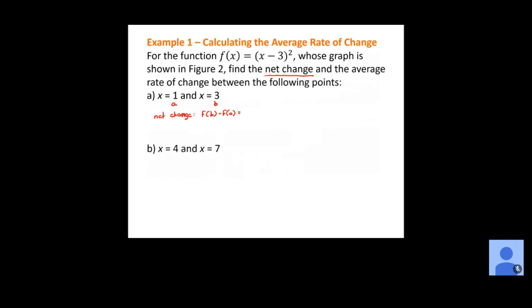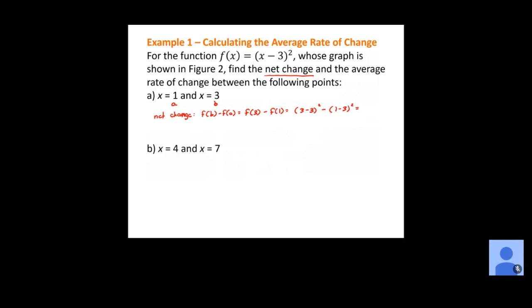So now all we have to do is just say, well, the b value is 3, so that's going to be f of 3. The a value is 1, so that's f of 1. And now we're going to substitute those into our function to find those actual values. So f of 3 is going to be 3 minus 3 squared minus, and then f of 1 would be 1 minus 3 squared.